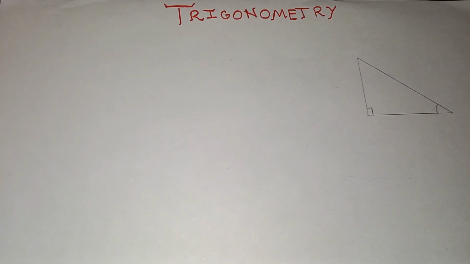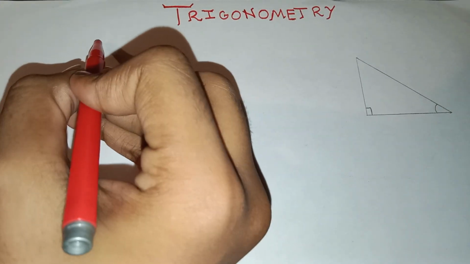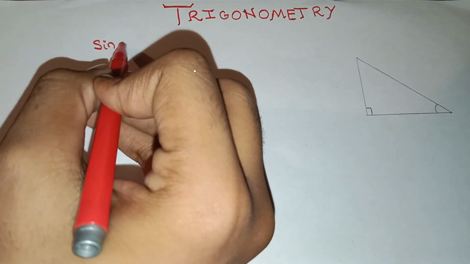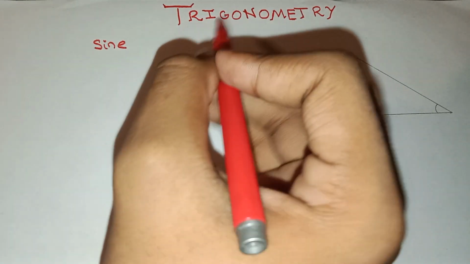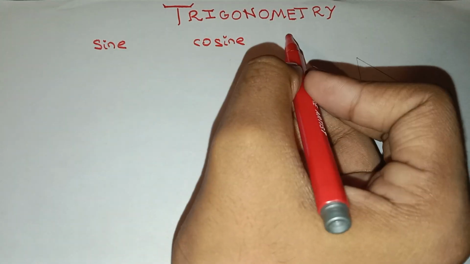There are three trigonometric ratios: sine, cosine, and tangent. Now I am writing sine, cosine, tangent.